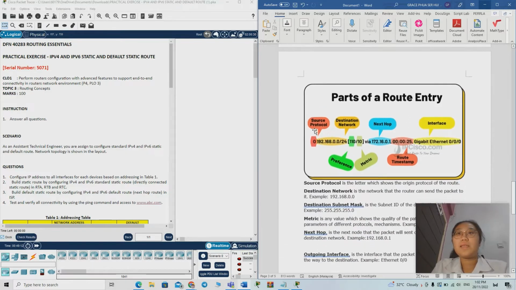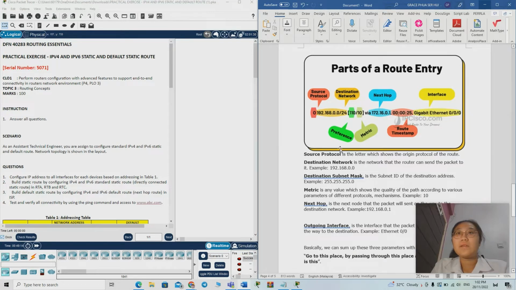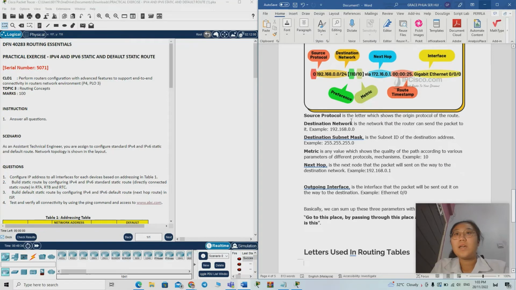So let's see. The first one is the source protocol, here is the destination network, here is the preference, here is the metric, here is the next hop, the pink area here is the route timestamp, and the last one is the interface. The source protocol is the letter which shows the origin protocol of the route.